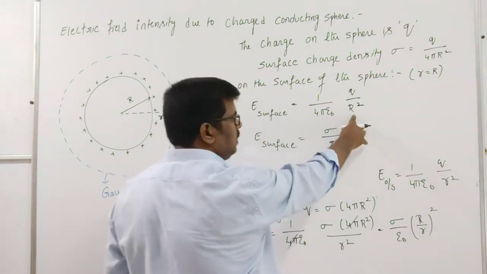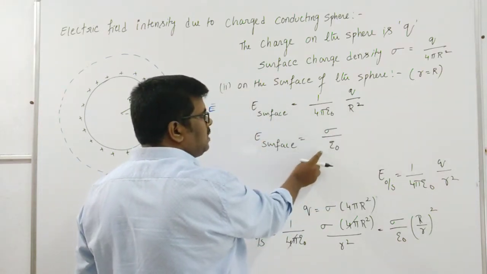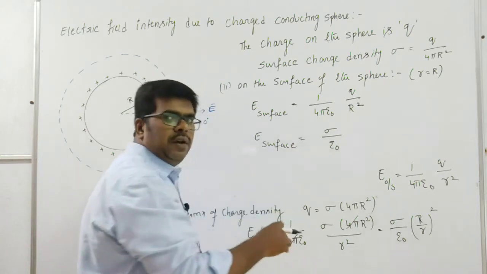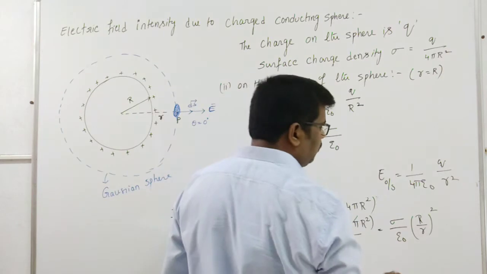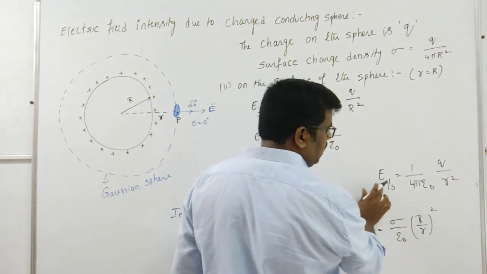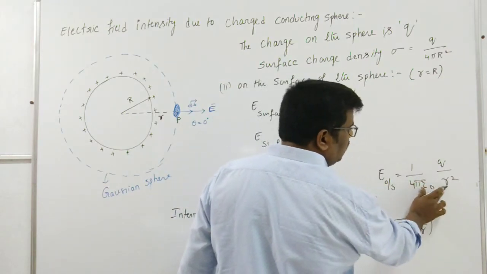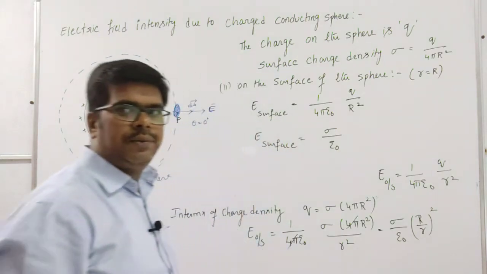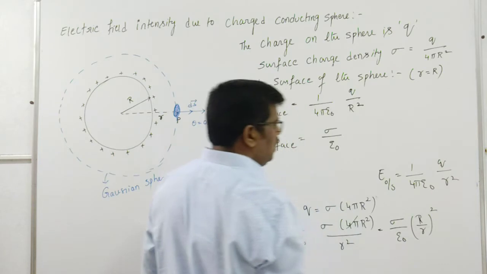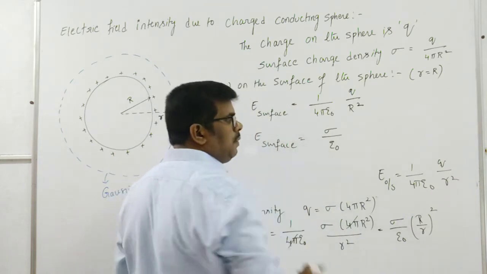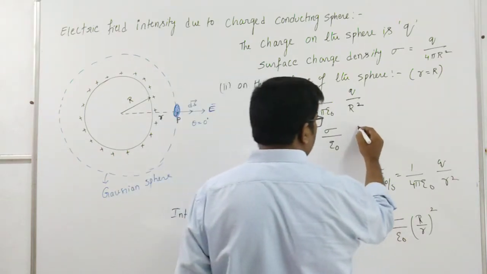It remains constant. Or else in terms of charge density, sigma by epsilon naught; charge density also remains constant. But E outside is inversely proportional to distance square. But E on the surface remains constant and it is the maximum value.